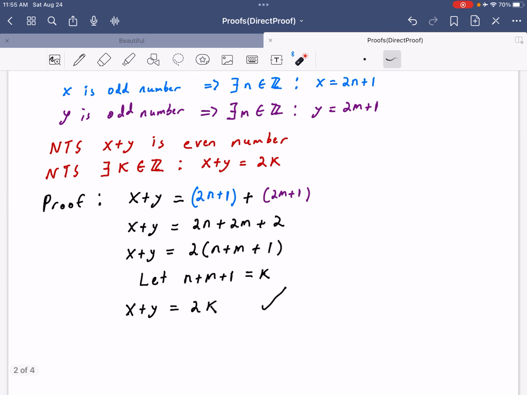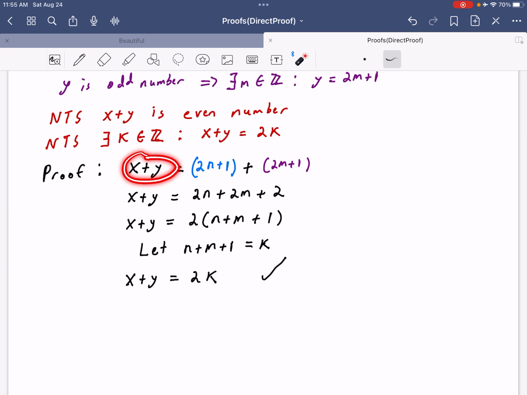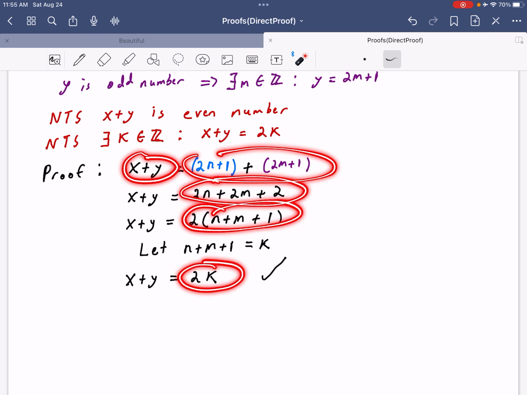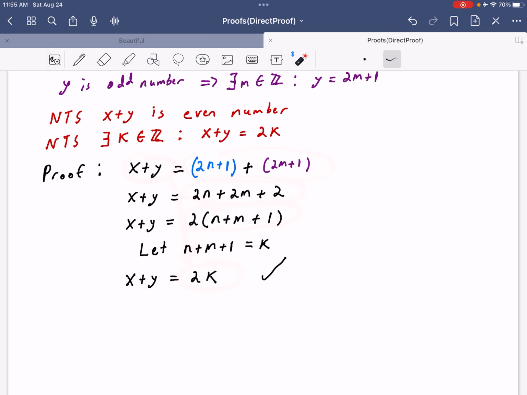Again, we could have done that back over here. We could have just said x plus y equals this, which equals this, which equals this, which equals this, and then just had our chain from there to there. Okay, so there are alternate ways of writing these proofs out that are logically equivalent and valid.